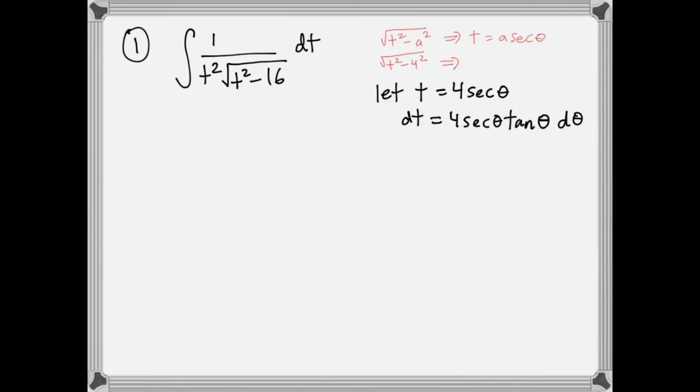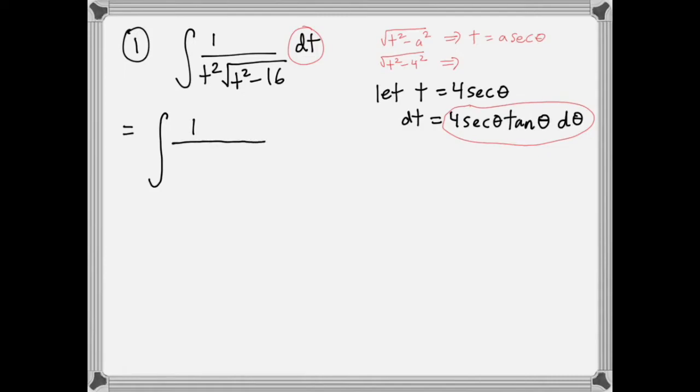So now we're going to replace every t that we see in our integral with 4 secant theta, and we're also going to replace dt, right? We have this guy right here, dt. We're going to replace it with this. So let's see what we get here. We have to be really careful with our algebra.